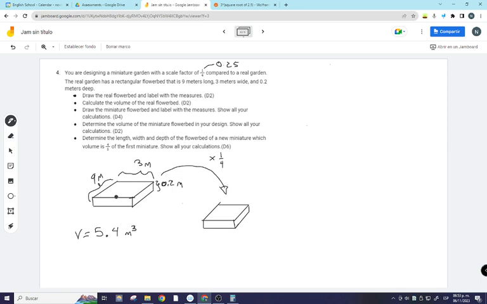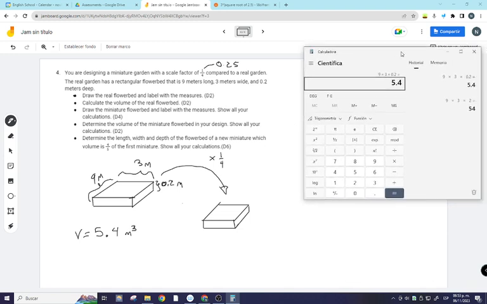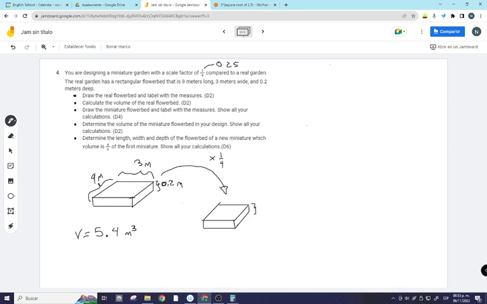So you just had to multiply 0.2 times 1/4, or 0.2 times 0.25, which is, if I'm not mistaken, 0.05, but let's check it. 0.2 times 0.25, which is the scale factor, 0.05, yeah, meters.